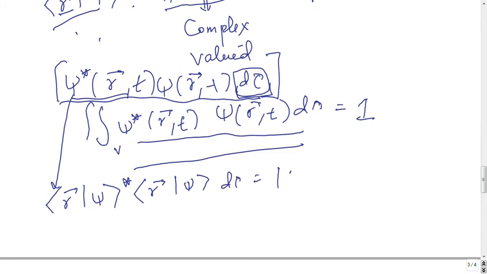It means that the magnitude of this complex number times d tau is the probability density, or probability per unit volume.